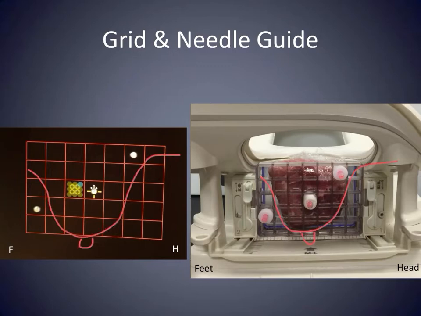The grid opening that you would need is 1 square to the left of that central fixed fiducial. This view is also referred to as the patient view. Coming from the lateral approach for the right breast, the head would be towards 3 o'clock and feet would be towards 9 o'clock.